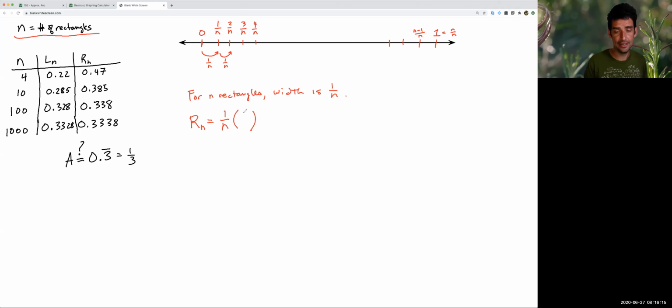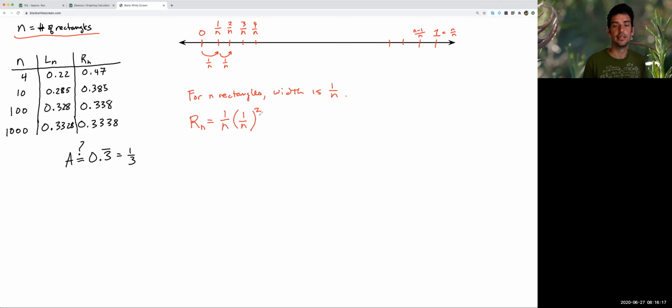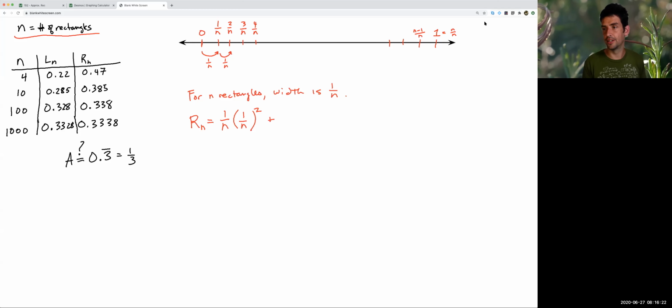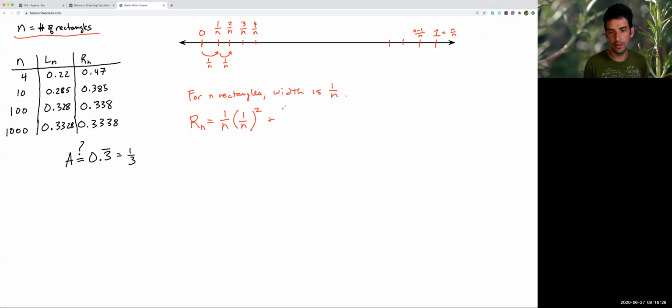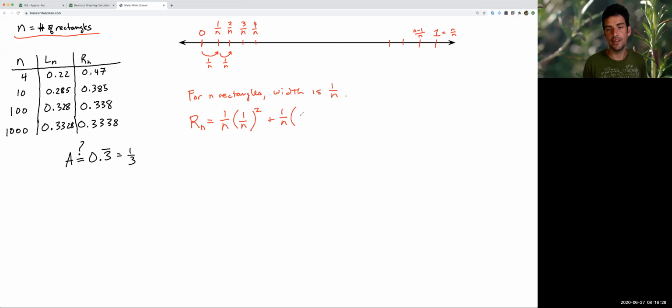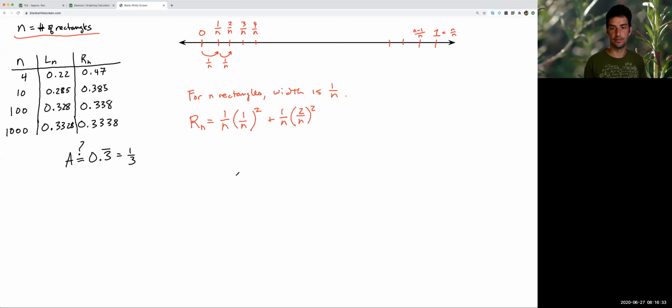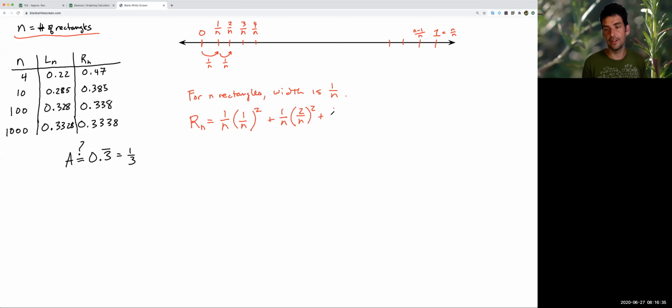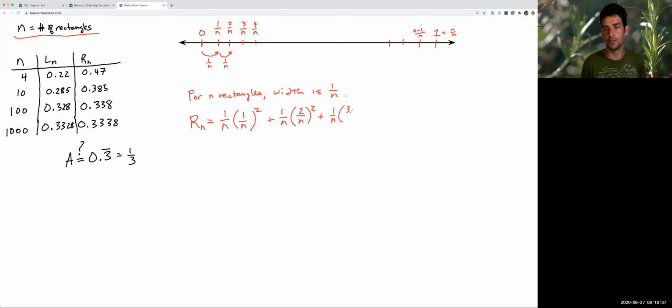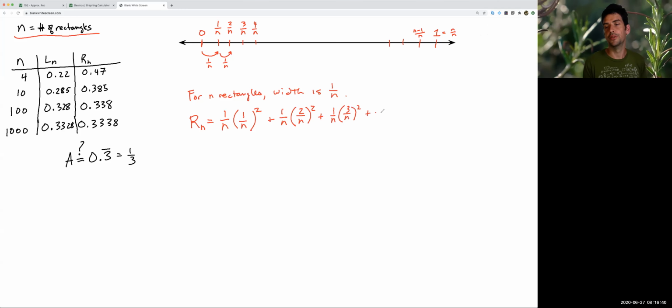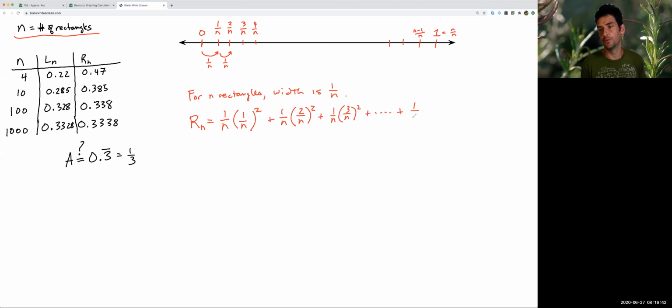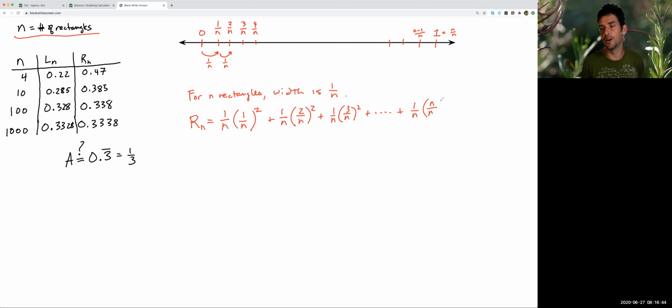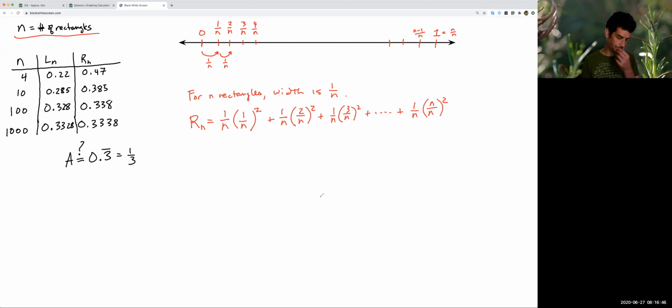So the height is (1/n) squared. Now the next rectangle. All right, it has the same width, but now its height is (2/n) squared. Then the next rectangle, (3/n) squared, and we do this all the way up to 1/n times (n/n) squared.